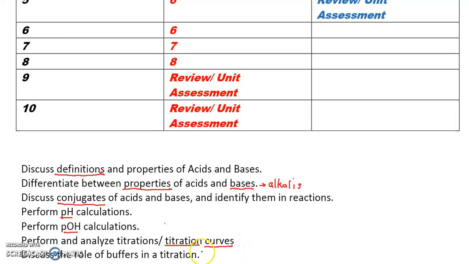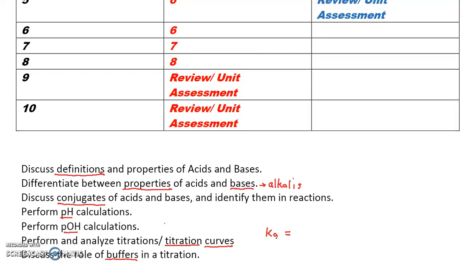And generally what we've done here with the buffers is to know what buffers are and how they operate. Having said this, I have included a slightly higher level question in the buffers practice question, which will require some of your students who are more than capable of understanding what Ka is, the dissociation constant for weak acids and bases.